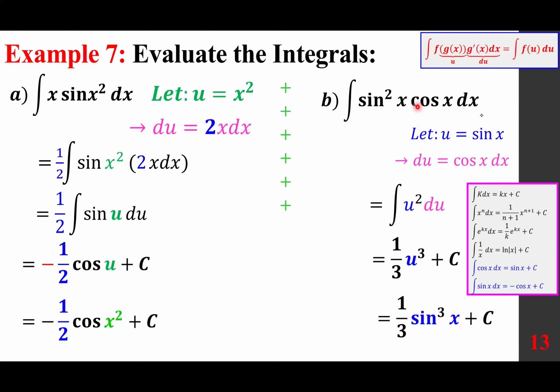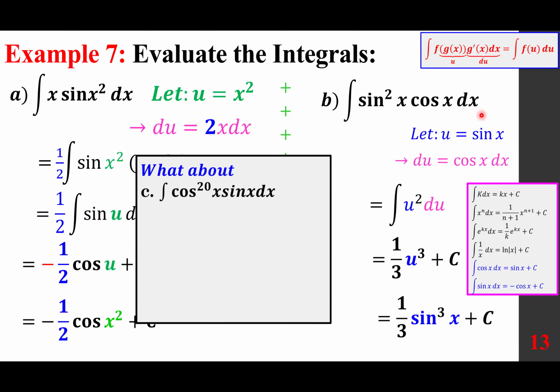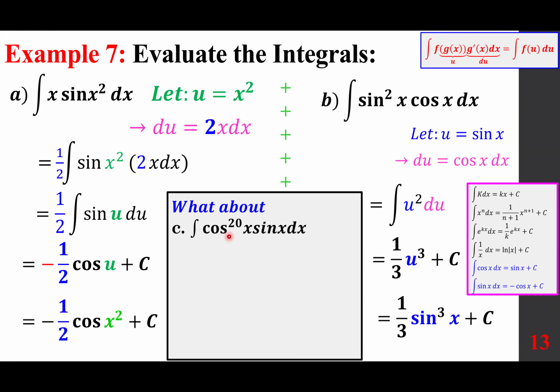To make sure we are comfortable with this, let's look at the same situation, but this time cosine is the one with the exponent. In this case, because cosine has the exponent, that's a choice of u. The derivative of cosine is negative sine, therefore du is negative sine x dx.